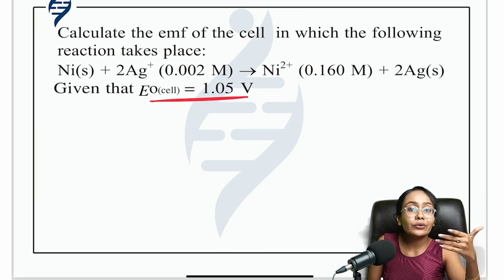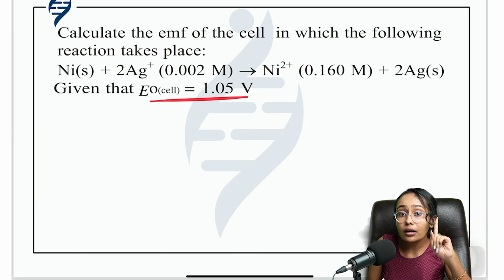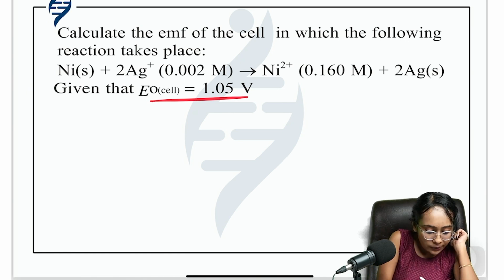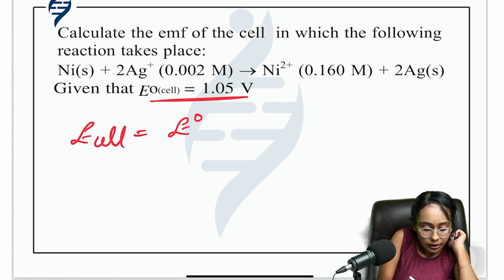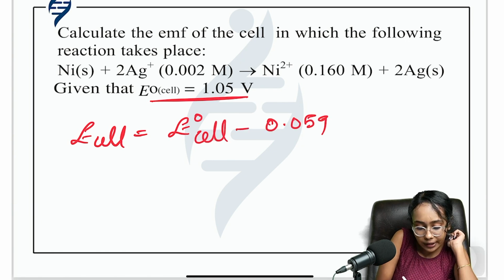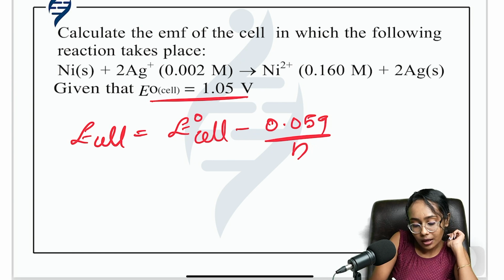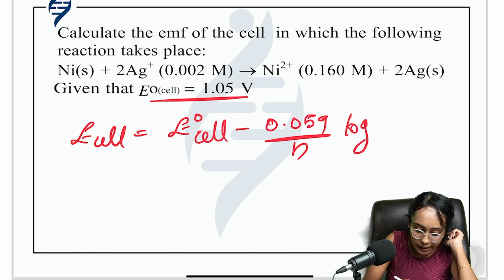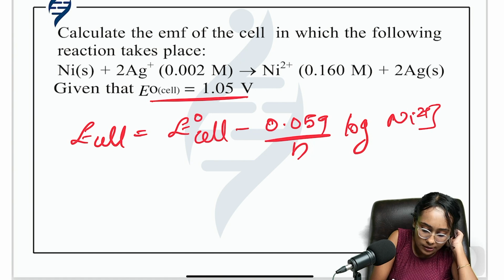We studied this in the previous class: the Nernst equation. In the Nernst equation, E cell equal to E naught cell minus 0.059 by n log, in this case, the concentration of Ni2 plus divided by the concentration of Ag plus.